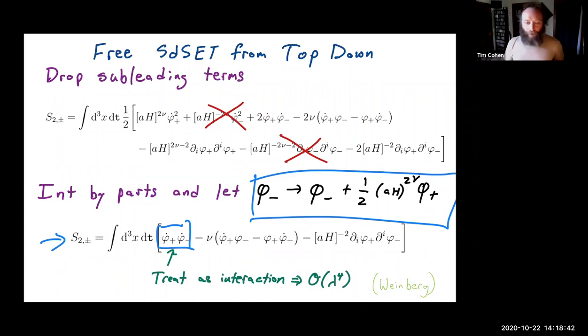And thankfully, Weinberg, in his original paper on this subject, also encountered this two time derivative term. And he provides a beautiful argument that this is subleading, okay? And the point is that basically it's a question of degree of freedom counting. So what we've done is we've taken a quadratic action in terms of one real field, we've reduced it to a first order action in terms of two real degrees of freedom.